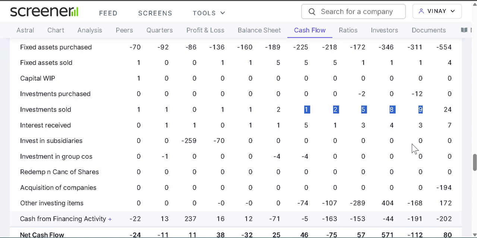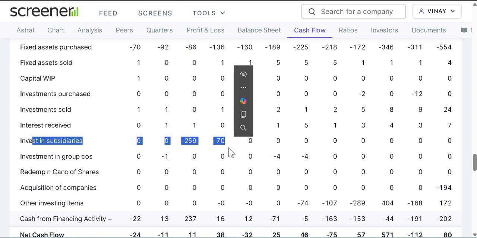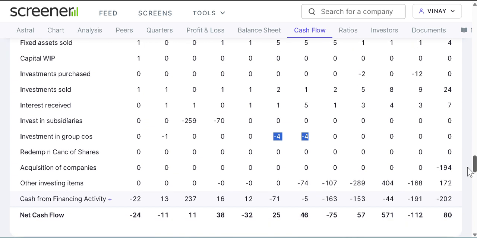Then interest received. They must have given some money on credit or something, then interest received. Now you can see invest in subsidiaries. So they must have invested some amount of money from the main business into the subsidiaries. Then investment in group companies, you can see some investment and other investing items.